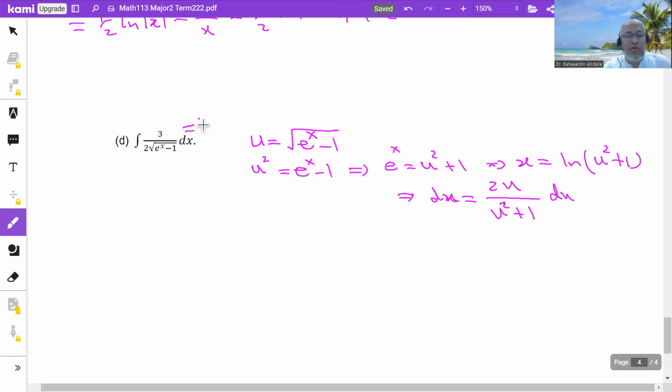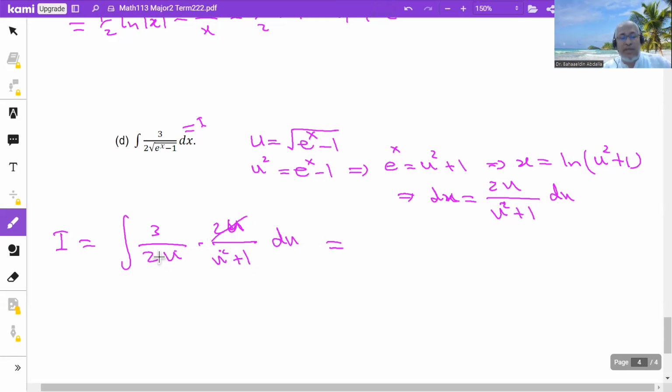So now I can go to the integral and change everything from x to u. Well, I have 3, that's there. I have 2, okay, and square root is called u, and dx is 2u, okay, over u squared plus 1.